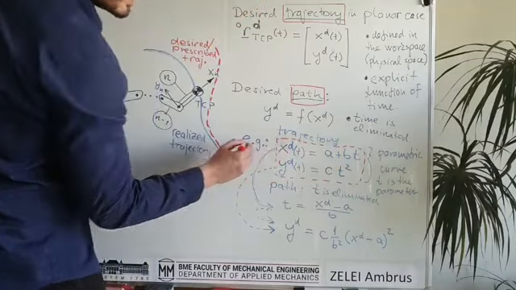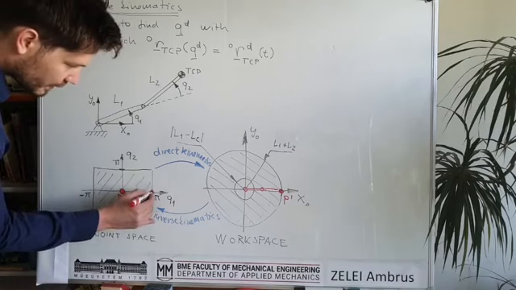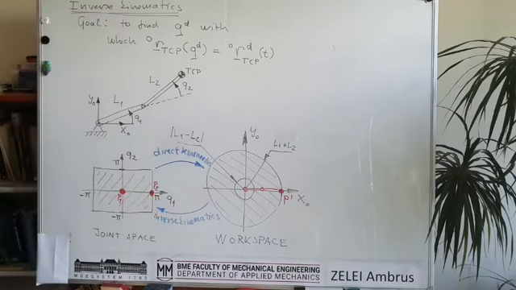It is totally horizontal and the two bars are collinear, so the arm is straight. So if you are in the P1 point in the joint space, you will have the corresponding point in the workspace. So the robot arm is like this, so you will reach this point. Basically, we can draw it. So this is the robot here. And then you can have any other point. For example, I can move here. This is P2.